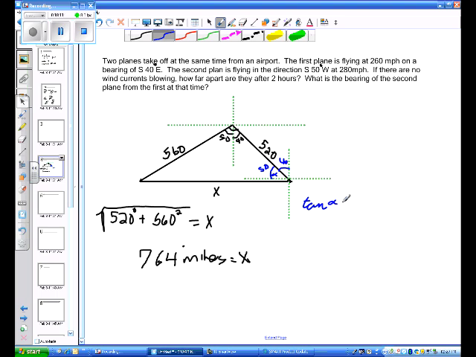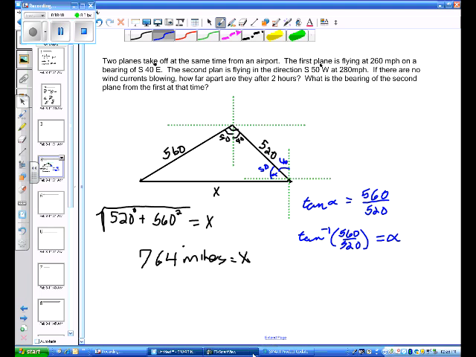The tangent of alpha, which is the whole angle, is equal to the opposite over the adjacent. Now we're looking for an angle, so the inverse tangent of 560 over 520 would equal alpha.